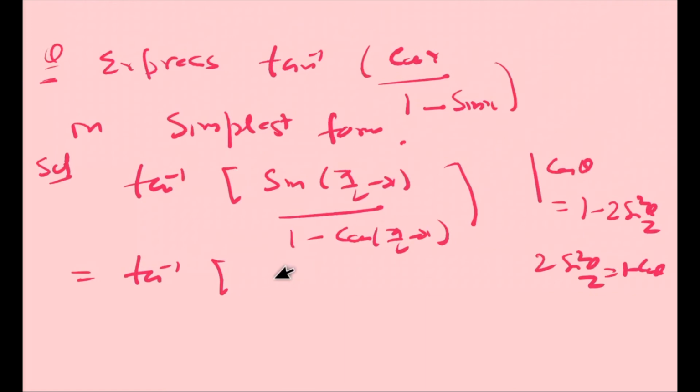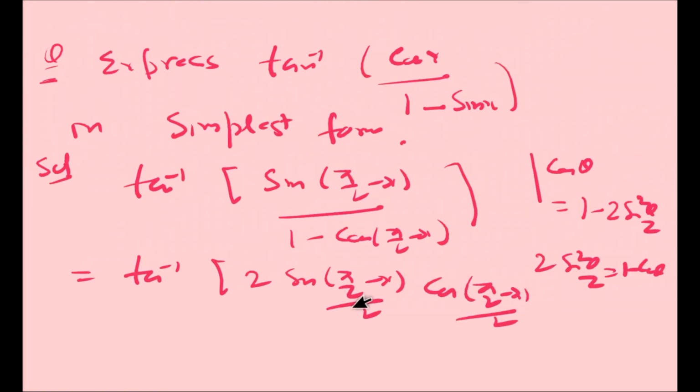So what can we write here? 2 sin of pi by 2 minus x upon 2, and also cos of pi by 2 minus x upon 2 using the sin 2 theta formula. And here we can write 2 sin square of pi by 2 minus x by 2.